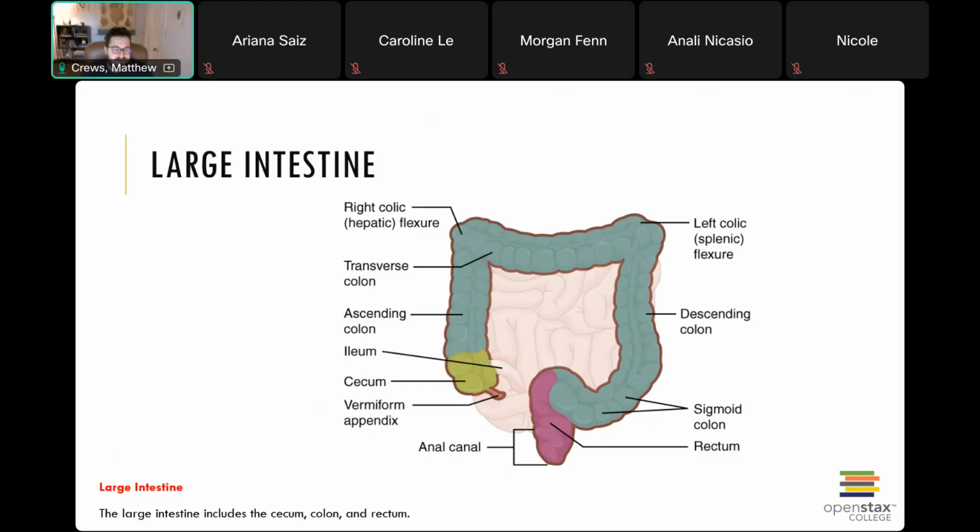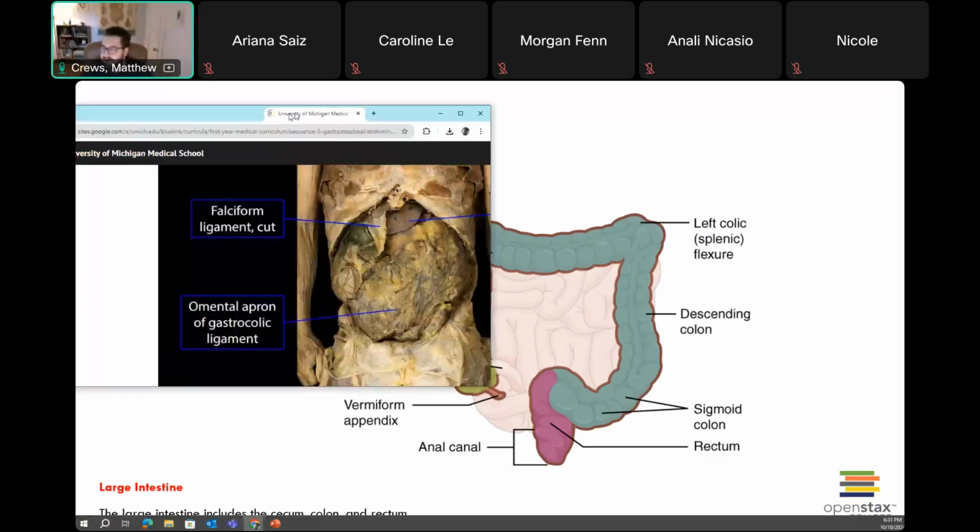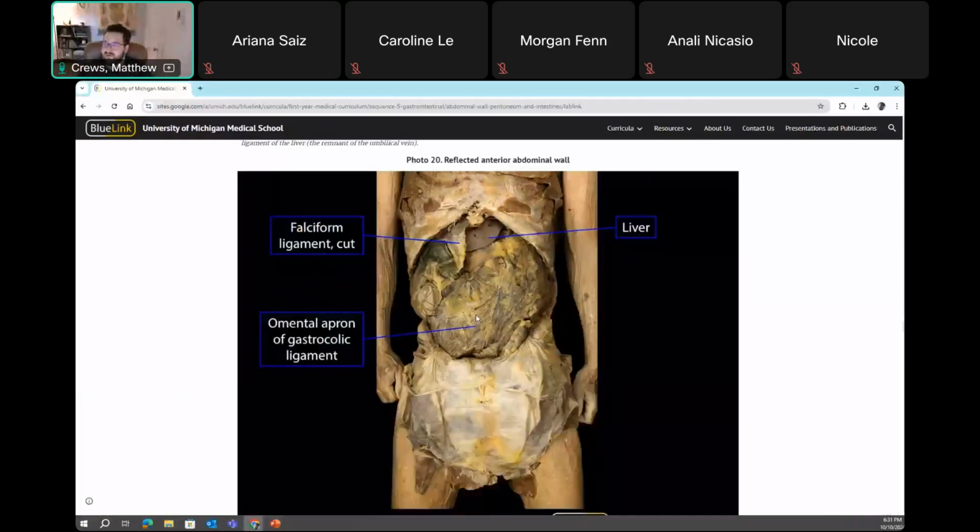Okay, so let's start here. All right, so if you've got a cadaver right here, this is the omental apron. So this is the greater omentum. Okay, and then you're gonna flip that up, and you'll see the colon.